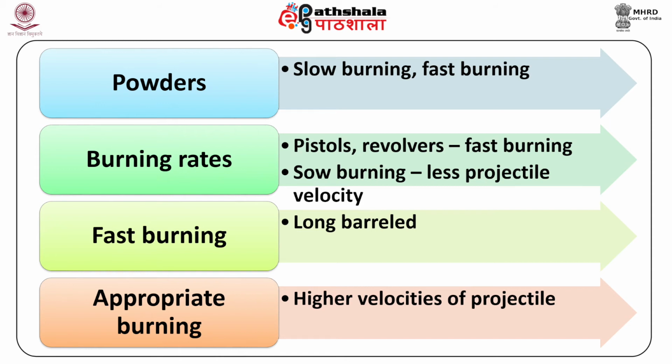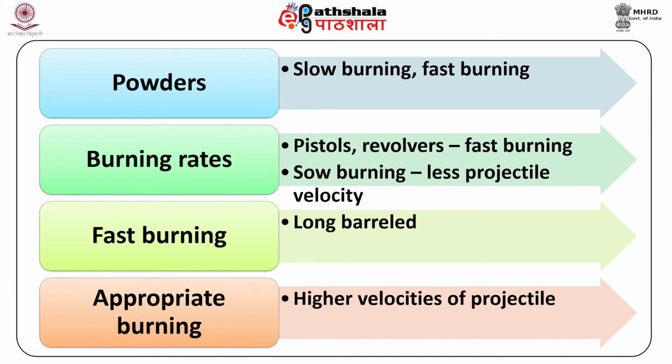If slow burning powder is used, the projectile will not acquire the desired velocity. Likewise, if quick burning powder is used in long barreled firearms, the projectile will not receive sustained pressure.